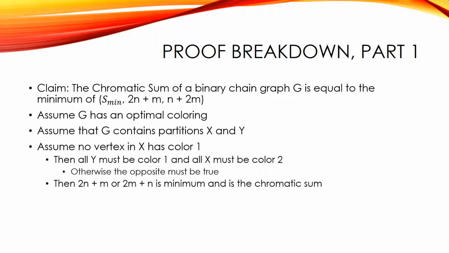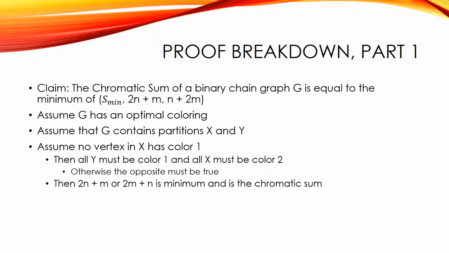And if there is no vertex that's colored 1 in x, then all the vertices in y must be color 1 because it's bipartite. And then all the vertices in x must be color 2. And otherwise, if y contains no vertex that's color 1, then all the vertices in x must be color 1. The opposite would be true.